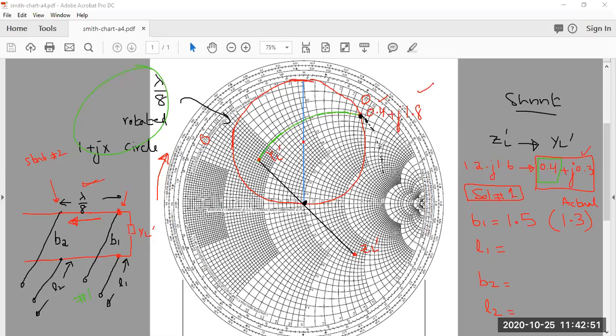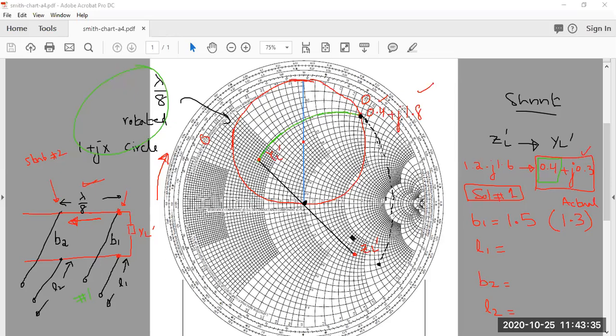You don't need to draw a complete circle. You need to stop where the circle you are drawing cuts the 1 plus jx circle. Let me draw this and then you will see why I am stopping at this point. I will stop at this point.